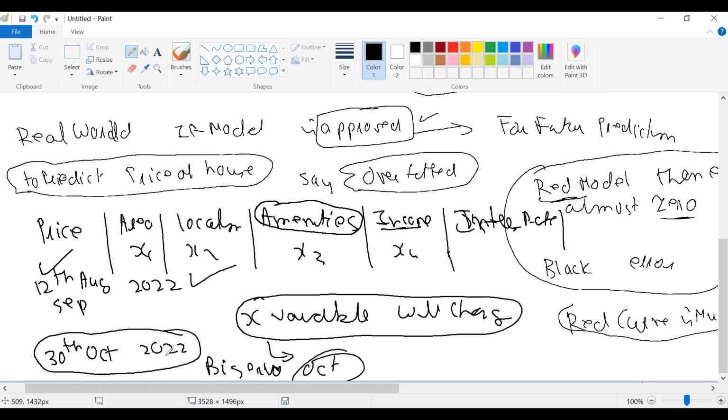You have to again retrain your model, and retraining of model will come with some cost. You will have to make someone sit to train it. That training cost will come. So if model is overfitted, please note down one line.